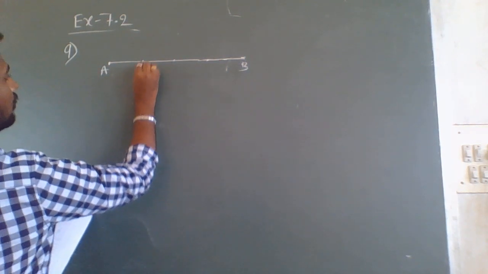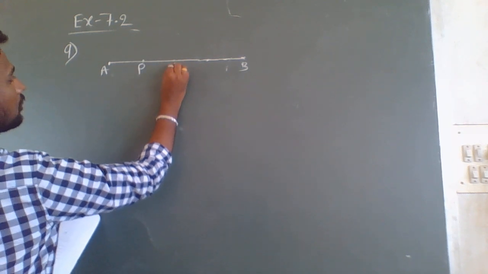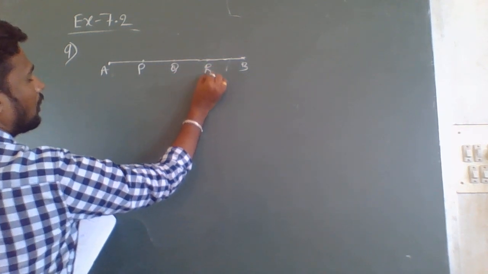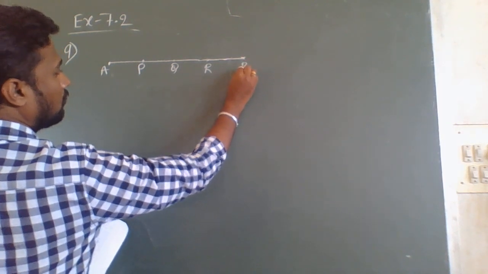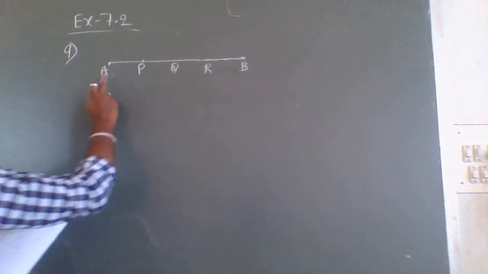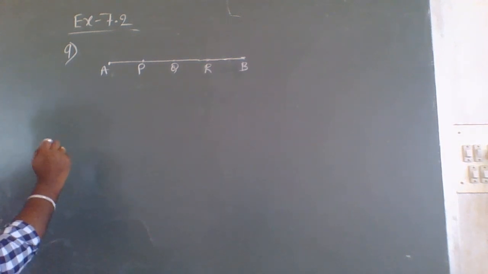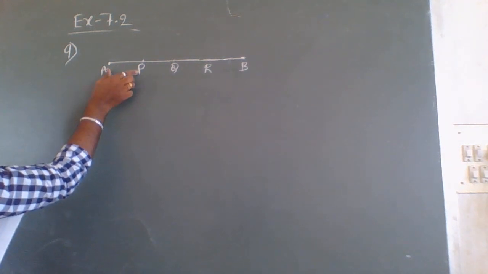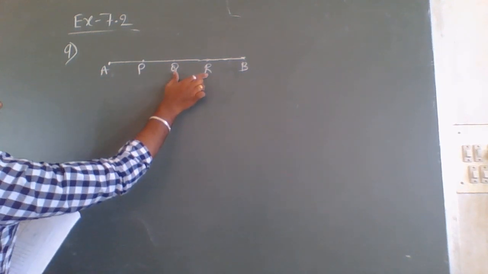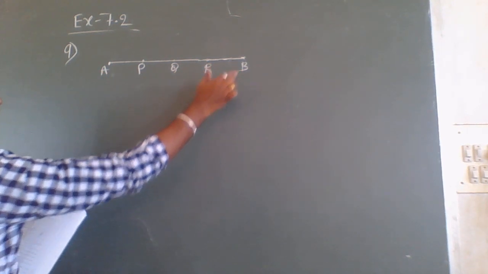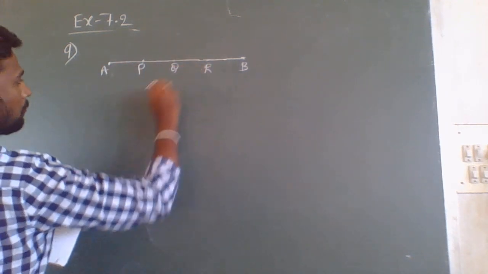Here this is point P, this is point Q and this is point R. What have they given here? This line segment AB is divided into 4 equal parts. This is the first part AP, PQ second, QR third part and BR fourth. So there are 4 equal parts.